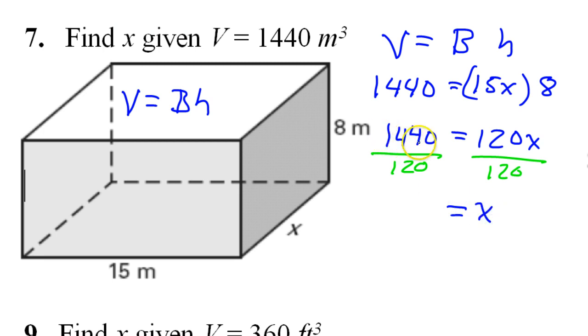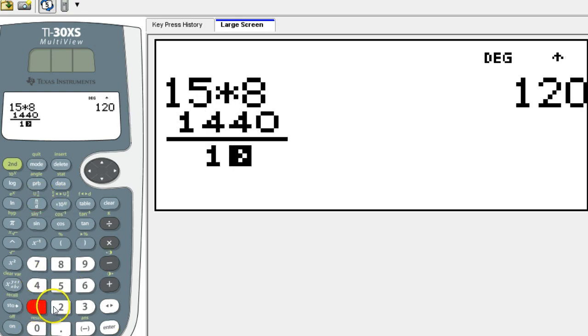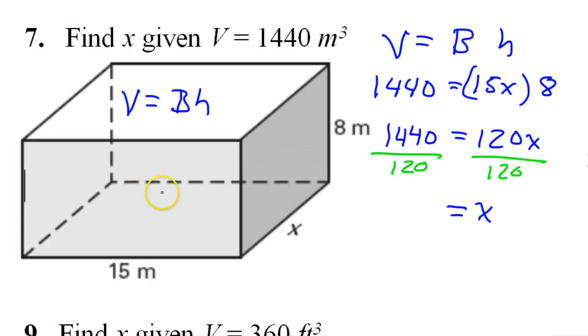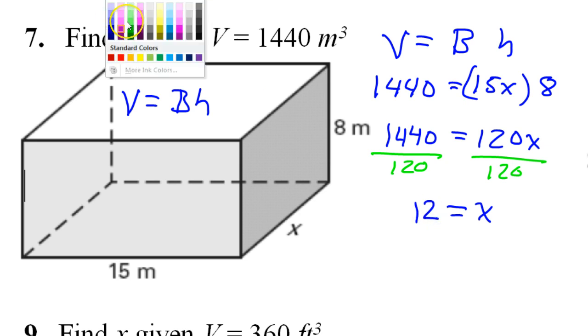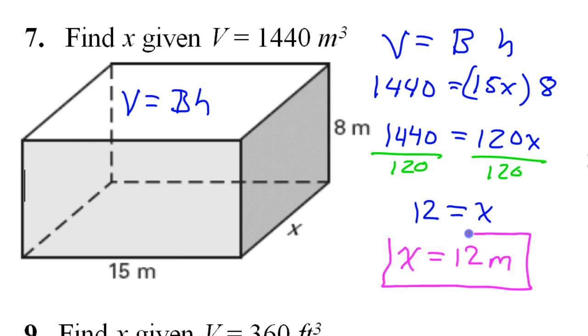So, 1,440 divided by 120 is 12. And the units are meters, and this x is a length, so we will just keep it as meters. Do not forget your units.